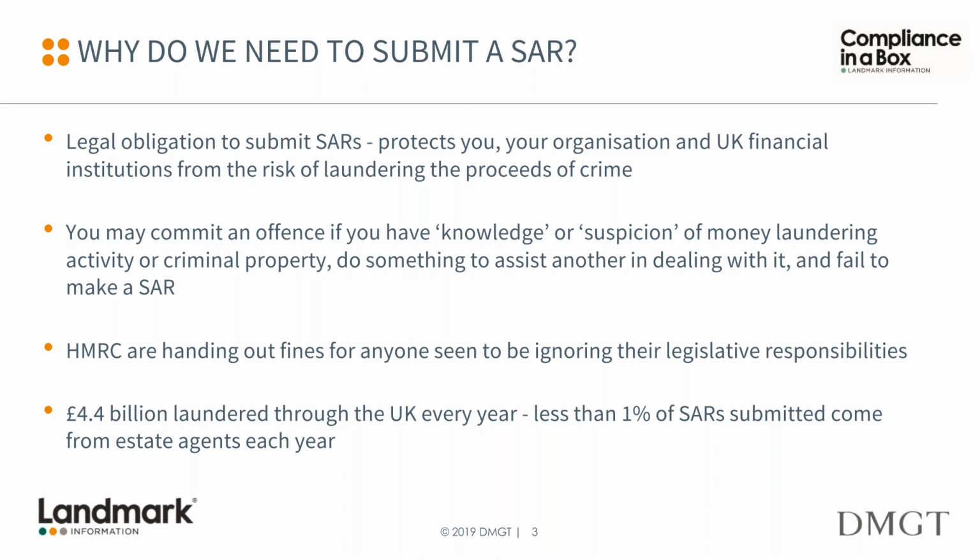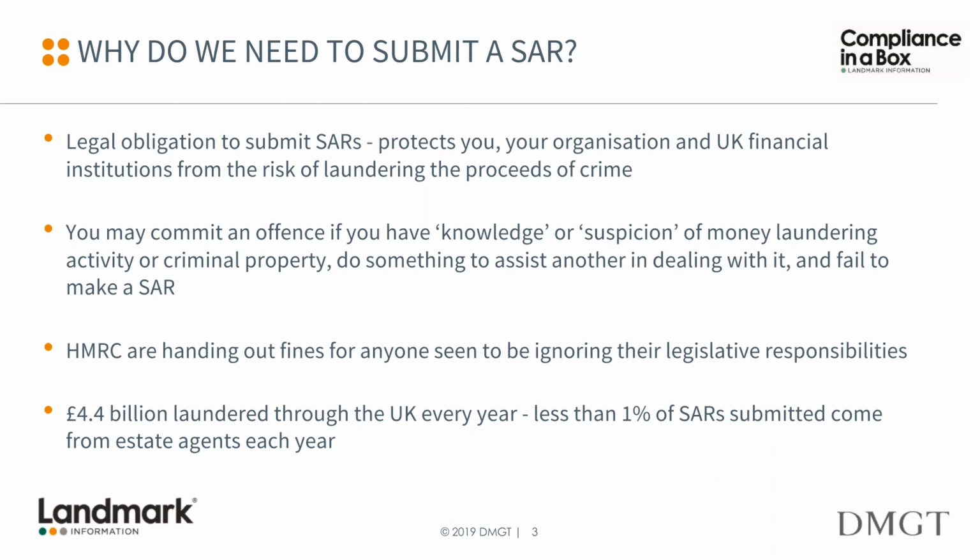The National Crime Agency received over 463,938 SARs between April 2017 and March 2018, but only 710 came from estate agents. This means that less than 1% of all suspicious activity reports submitted come from estate agents.